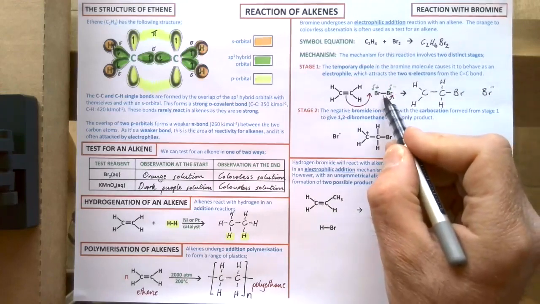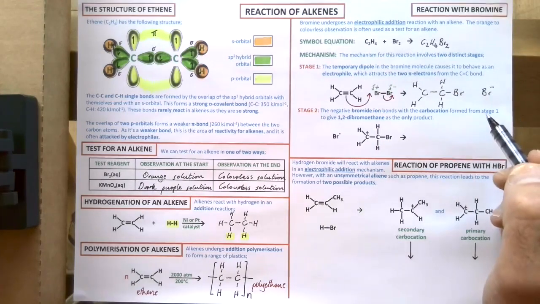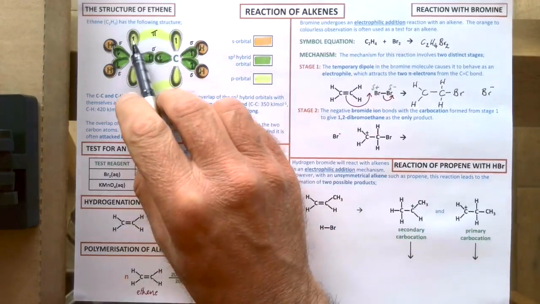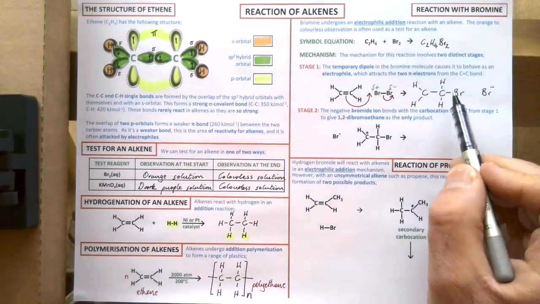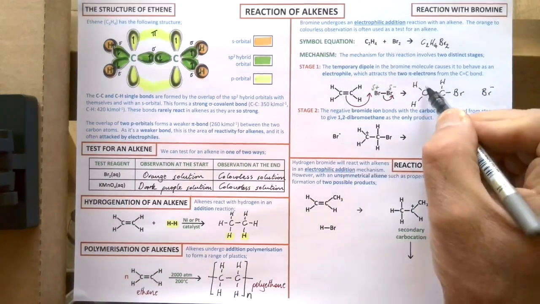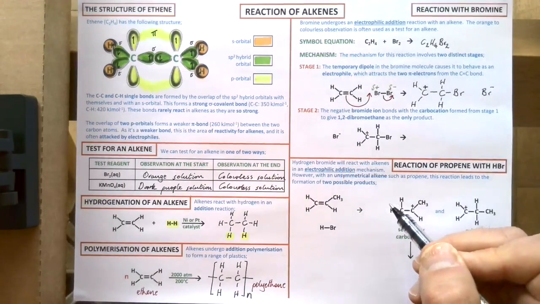It owned one of them, but it's also pinched the electron from here, so it's got an extra electron on board, hence the negative charge. This carbon here had one of the electrons in this pi bond, but both of those electrons have gone here. And so it's now an electron down on where it was, so it's going to have a positive charge. It's a carbocation. So that's our first step.